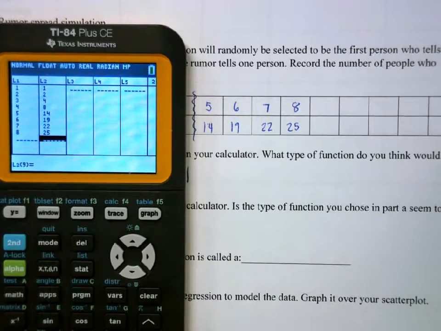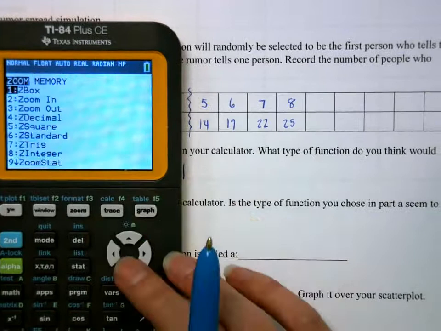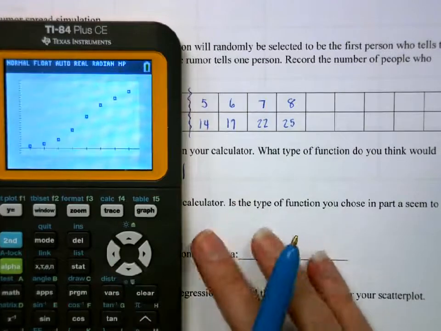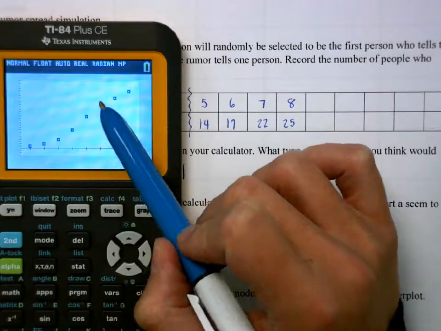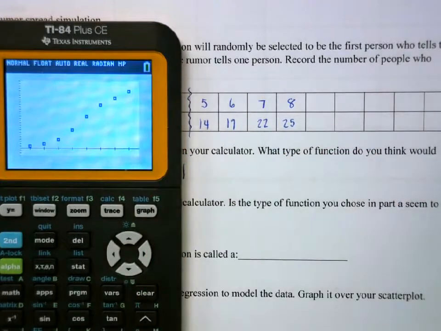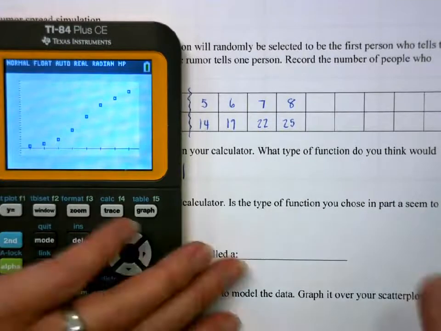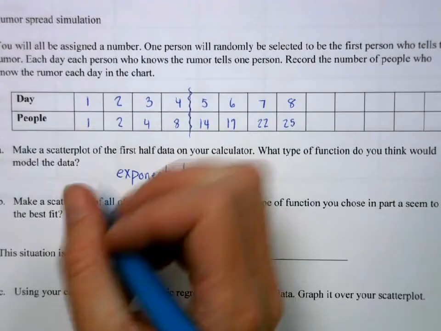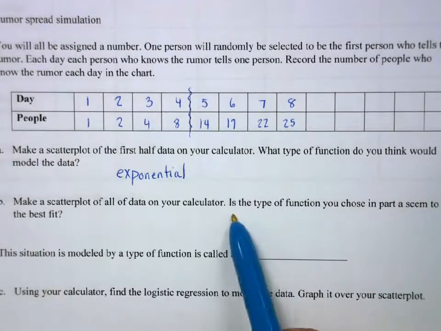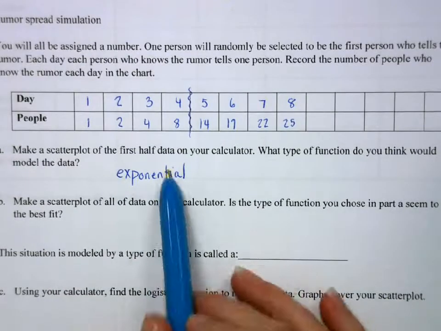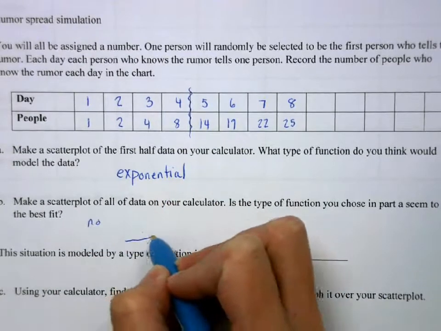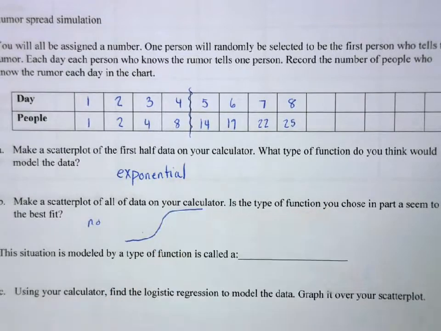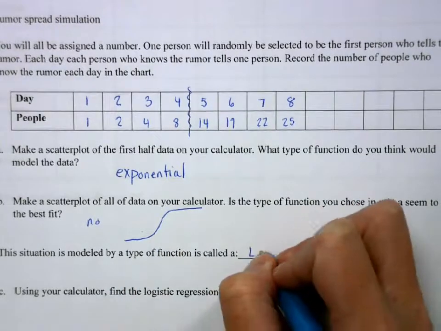Now if I do a zoom stat, okay, it starts off exponential, but then it starts to level off, which should make sense because if there's only 25 people, it's going to have a limit there. Okay, so is this the type of function, does exponential seem to carry over? Nope. So a graph that starts off exponential but then levels off is called a logistic function.